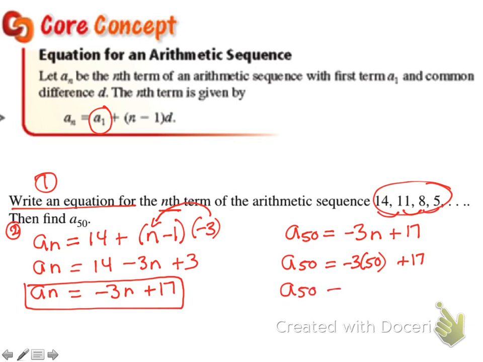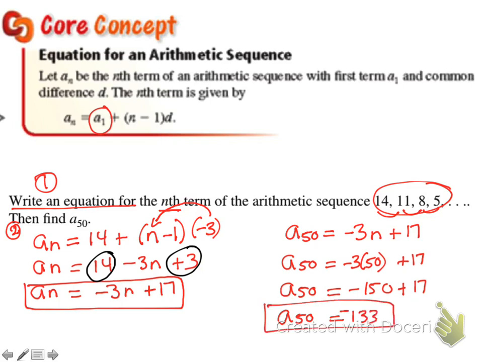The 50th term equals -150 plus 17. Now I'm going to simplify, and we end up with a sub 50 equals -133. So what this means is the 50th term would be -133. Does that make sense? Yeah.